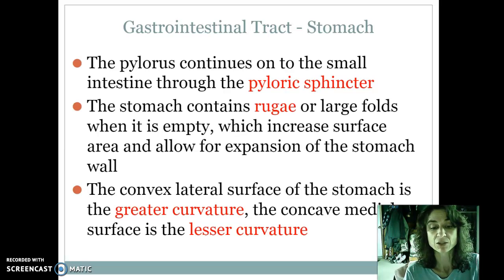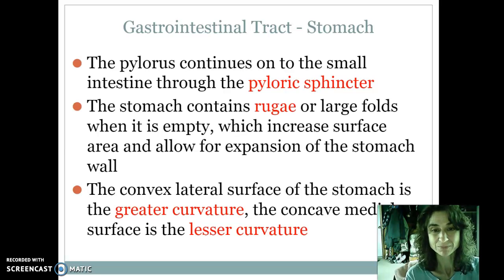And then when the stomach shrinks again and contracts, those folds get all wrinkled up. As they expand, they open up and smooth out. Okay, so it allows for you to eat and expand your stomach, like at Thanksgiving when everybody's got a really, really full, big stomach. Okay, those rugae are what allow your stomach to expand that much.